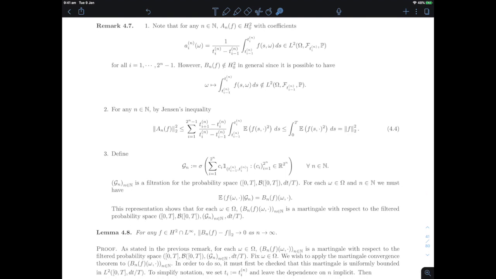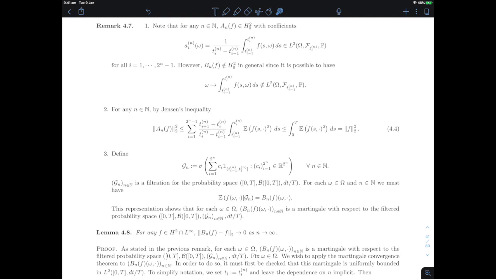So the remark here is just explaining what I said. It's mentioning in point 3 what I also said a minute ago, that you should notice that the Bn is really a conditional expectation with respect to the smallest sigma algebra that makes all the linear combinations of indicator functions on the ti-1 to ti interval continuous.